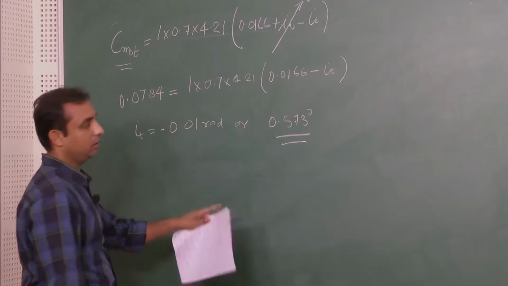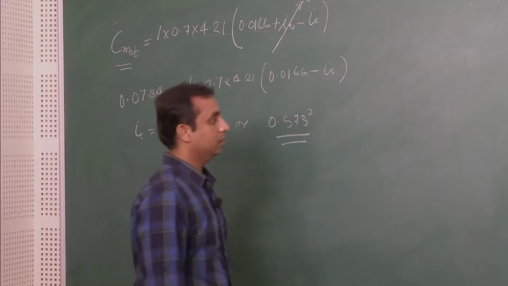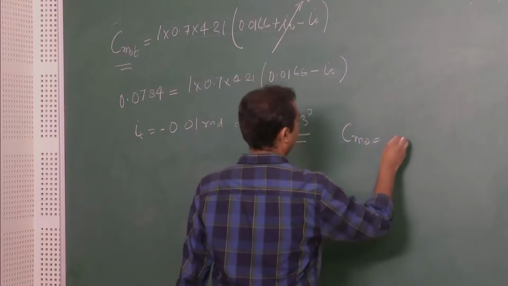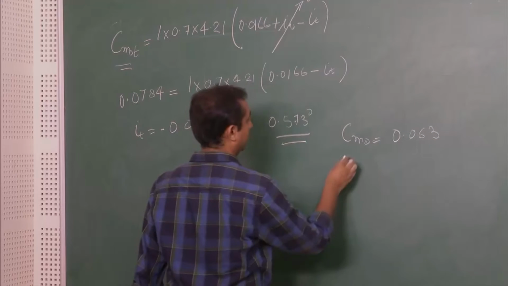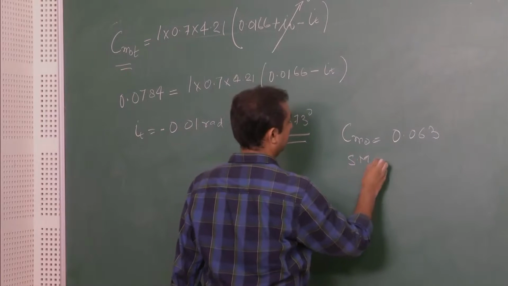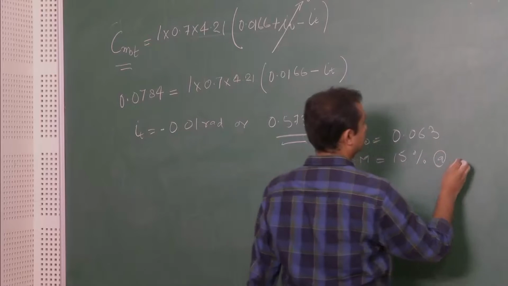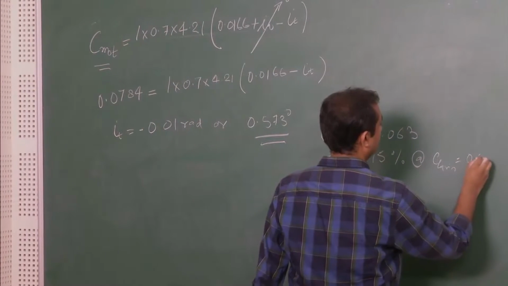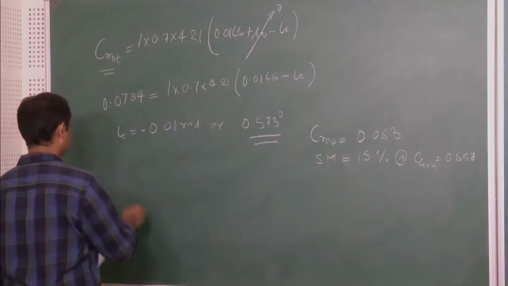So this is the value of tail incidence angle we need to have in order to get total Cm naught of aircraft equals 0.063 and static margin of 15% at CL trim equals 0.657. We have to calculate neutral point.